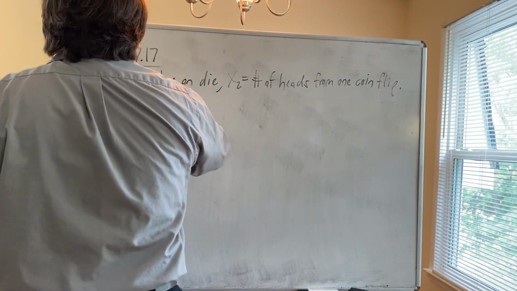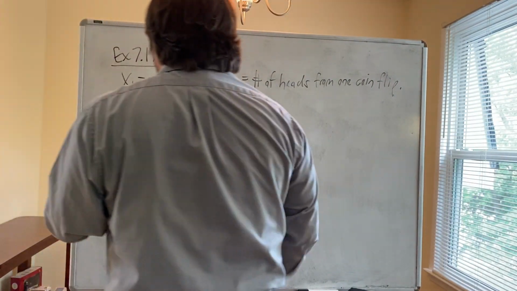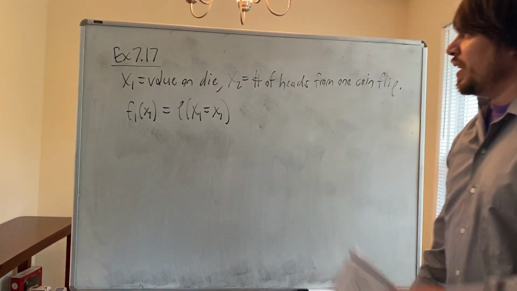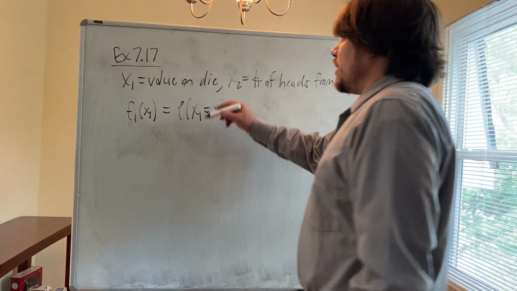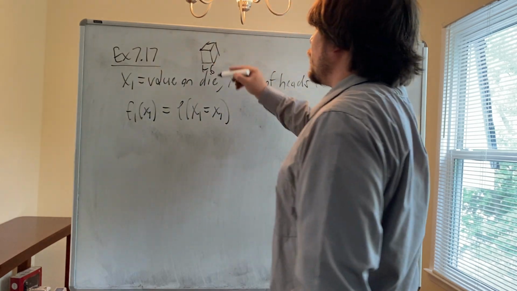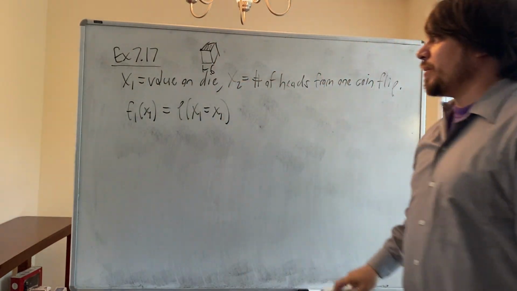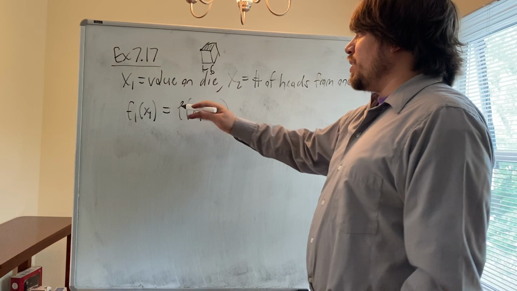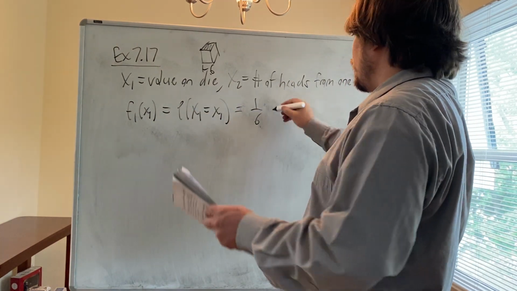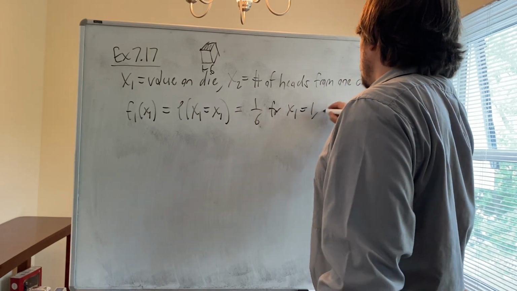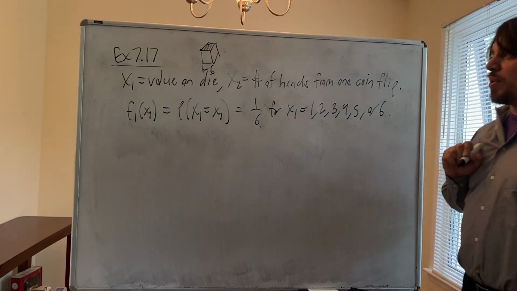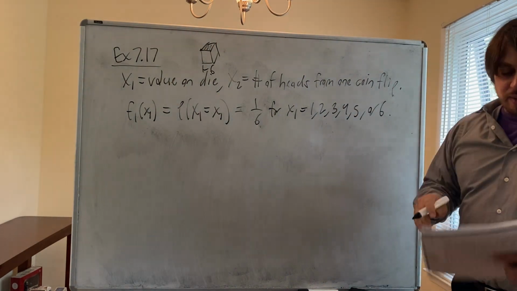So f sub 1 of x1 is equal to the probability that capital X1 is equal to little x1. It's the value on the die, so you have a die with numbers from 1 to 6, and you roll it. What number is at the top of the die? The probability that the value on the die is any particular value from 1 to 6 is 1/6, for x1 equal to 1, 2, 3, 4, 5, or 6.